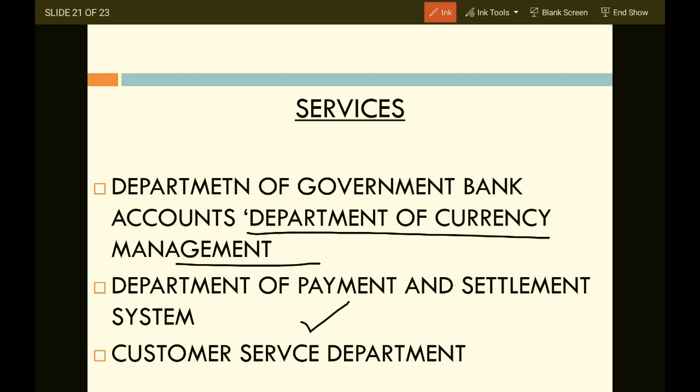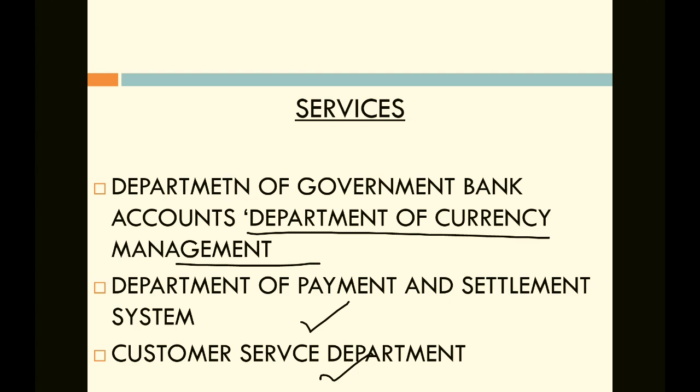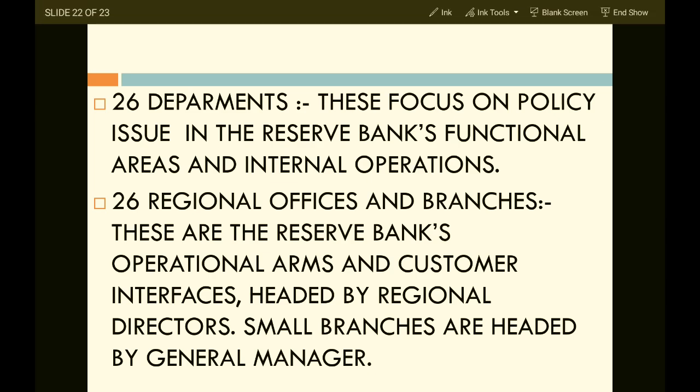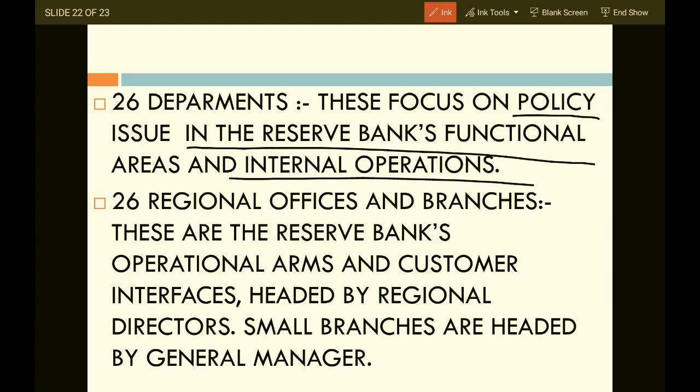All the transactions of the government are handled by RBI. The customer service department provides service to customers: granting loans and maintaining KYC. There are 26 departments in RBI, focusing on policy issues in the Reserve Bank, functional areas and internal operations. There are also 26 regional offices and branches.